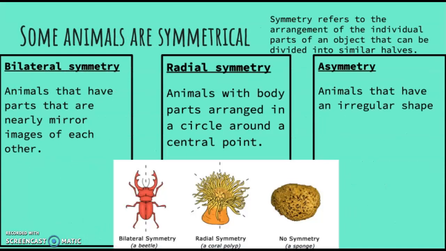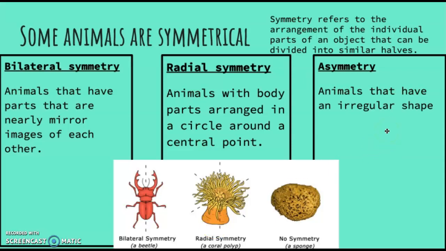We also looked at symmetry. There was bilateral symmetry, radial symmetry, and asymmetry. Bilateral symmetry is when we draw a line down the center of the organism and we see that both the right side and the left side are near mirror images of each other. Radial symmetry was found in circular shaped organisms where we can draw a line from different angles and have symmetry down the middle from multiple angles.